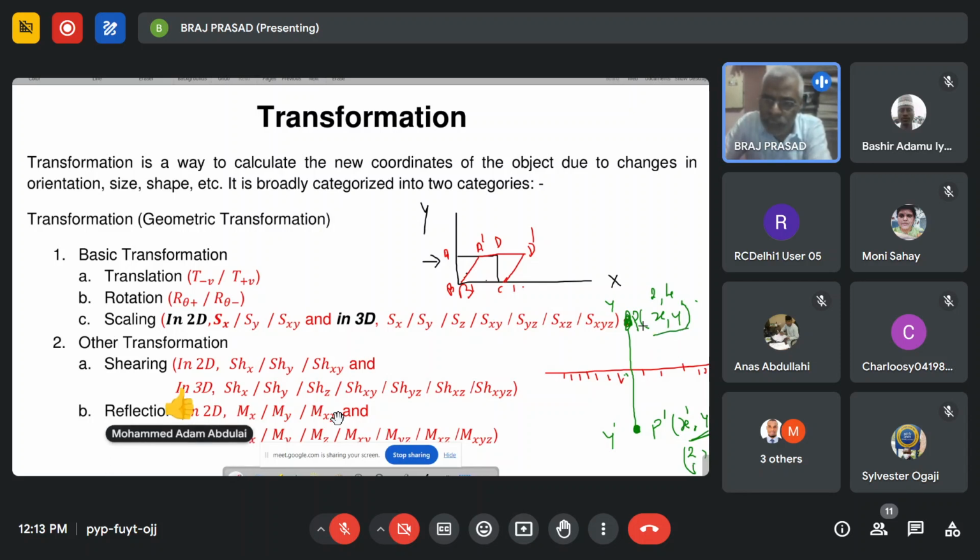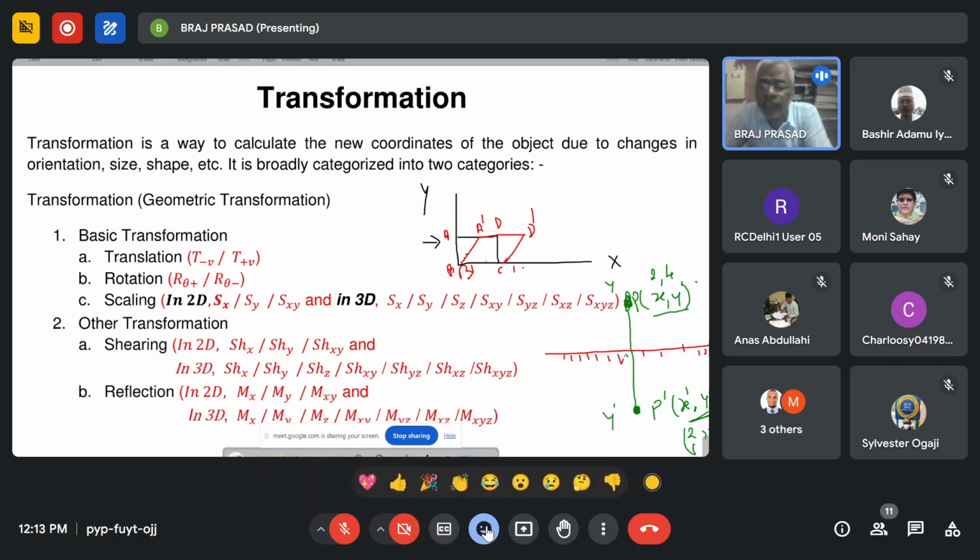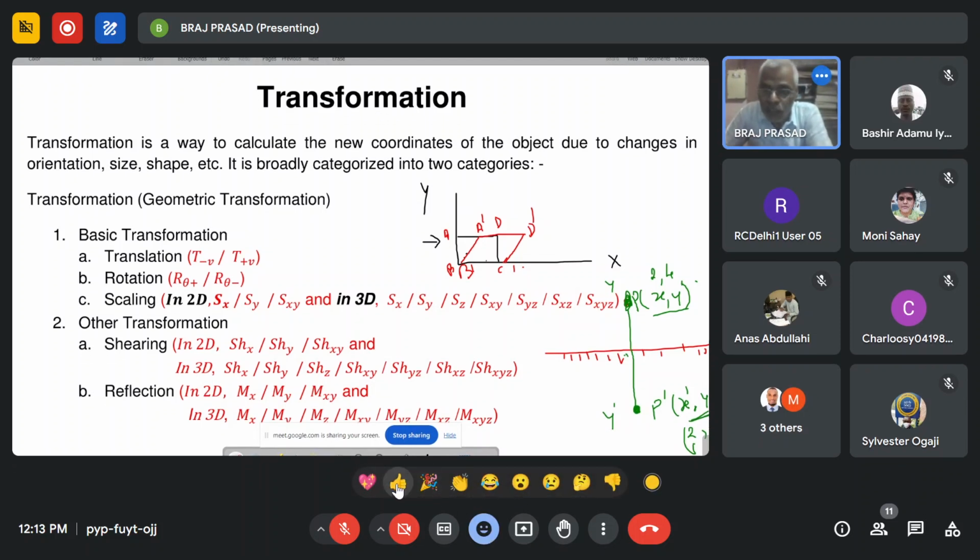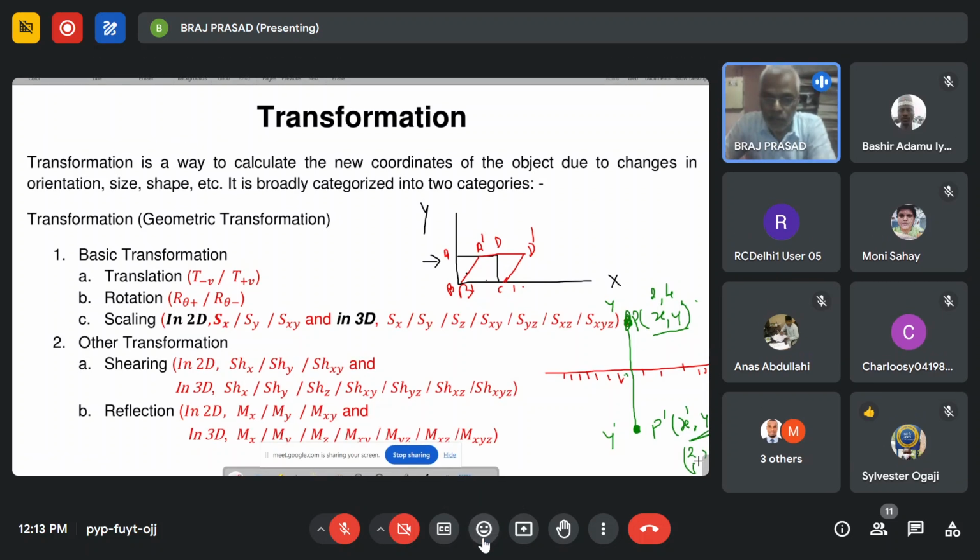The coordinate of this object at this place is 2, 4, suppose. Then the coordinate of this p dash becomes 2 comma minus 4 as per our observation. But how can a computer find this coordinate? To find the coordinate of this new object in a computer, we use a transformation that is called reflection.